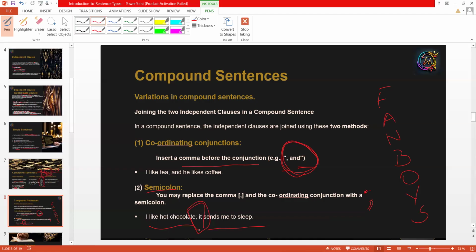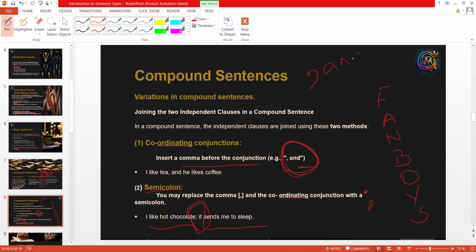What I have heard is that Cambridge examiners take it as something of a higher degree when we talk about punctuation, that they know it well, that very few students know the real usage of this semicolon. The sentence is again the same. You don't have to write anything new.